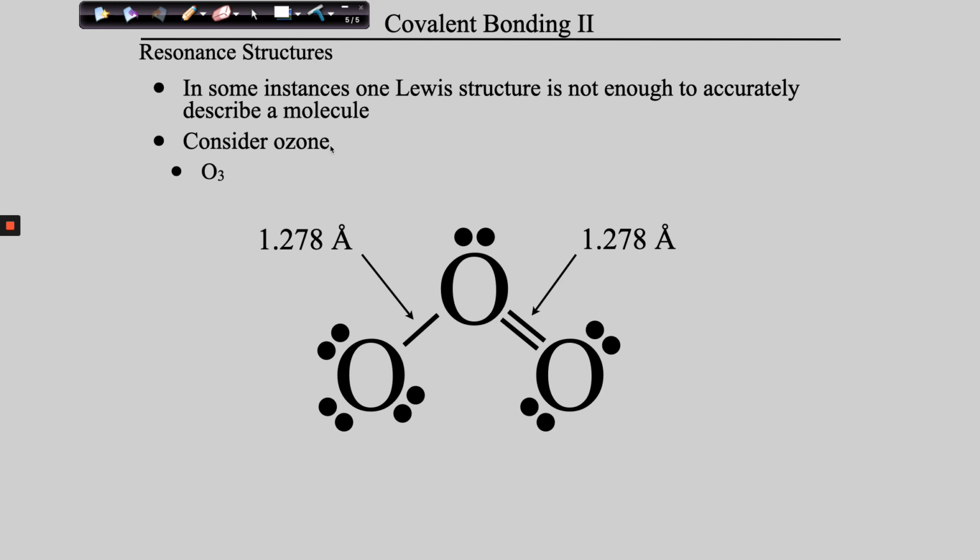So, guys, again, not only are these two bonds the same length, but that length, 1.278 angstroms, is actually longer. Let me write this down so you can see it. Guys, that length, so oxygen can single bond and oxygen can double bond. This length, 1.278 angstroms, is actually longer than the length of a double bonded oxygen and shorter than the length of a single bonded oxygen.